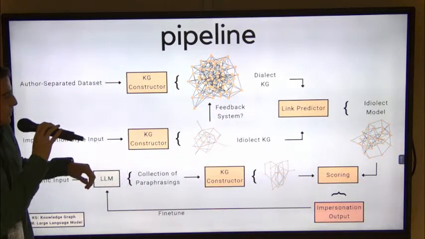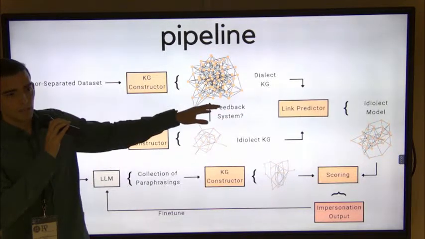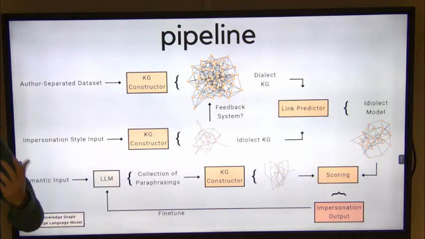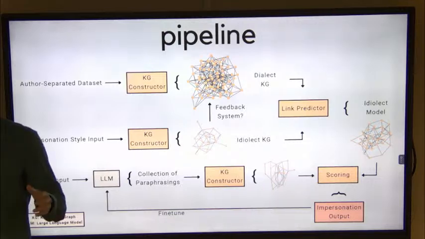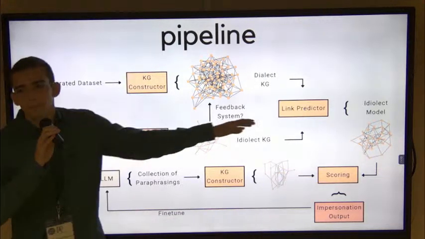And so the dialect would be, let's say, if it were a professor of mine, then the dialect would be Puerto Rican Spanish, which there's really no database that we have online for all of the utterances Puerto Ricans have said. So what we do to improve on that is we pass it through a link predictor system.